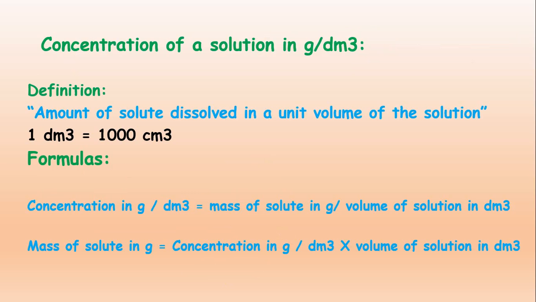Now we are moving towards another topic, that is the concentration of the solution in gram per dm cube. In today's topic we will discuss two types of concentration: number one is concentration in gram per dm cube, and second is concentration in mole per dm cube.